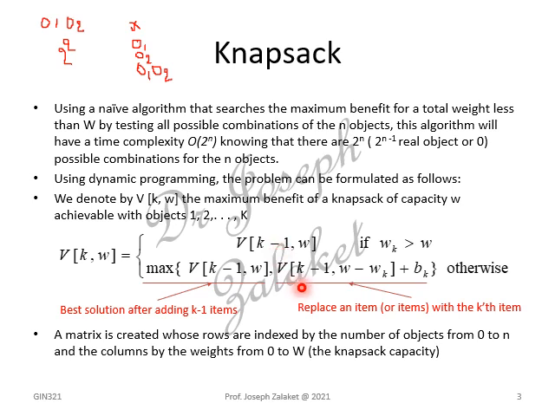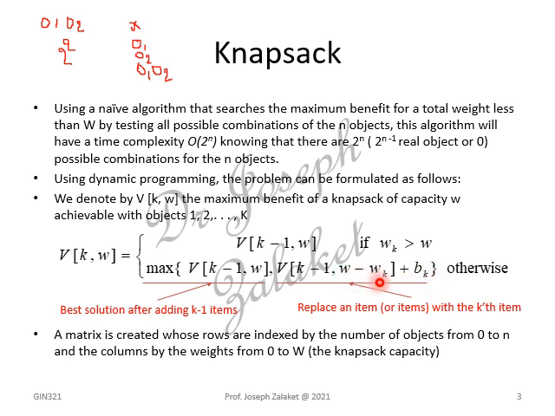By contrast, if the knapsack can contain the object at a certain moment, we will calculate the new value of V(k, W) as the maximum of V(k-1, W), which is the previous value, and the new value, which is V(k-1, W-wk) plus the benefit of the object k.